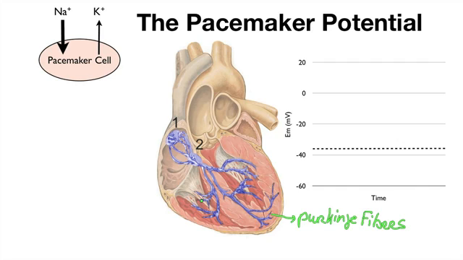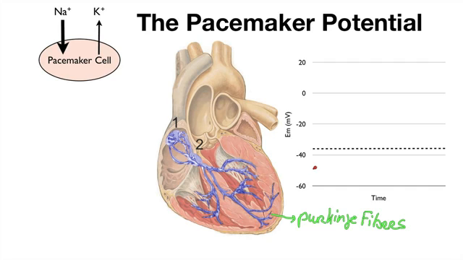And I also show that potassium wants to leave the cell. Now, because the cell is much more permeable to sodium, we're going to have a situation where there's much more sodium coming in than potassium leaving.